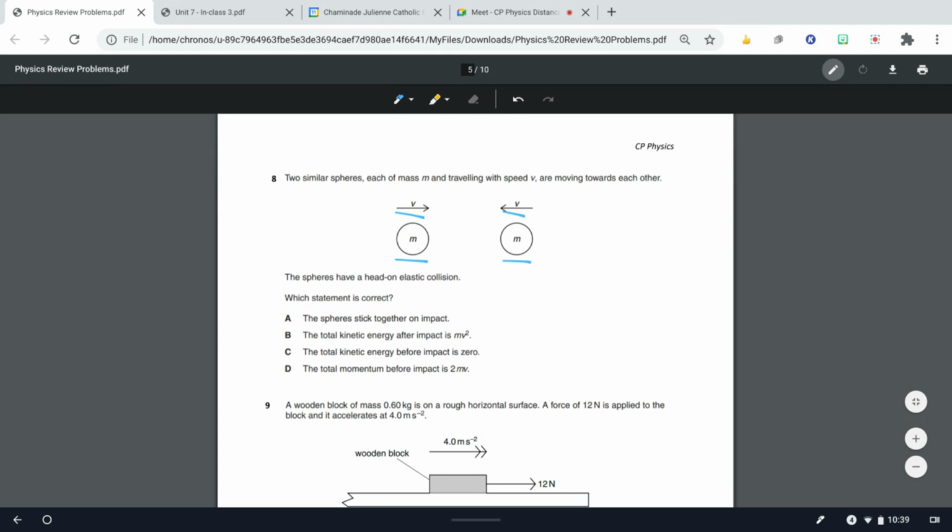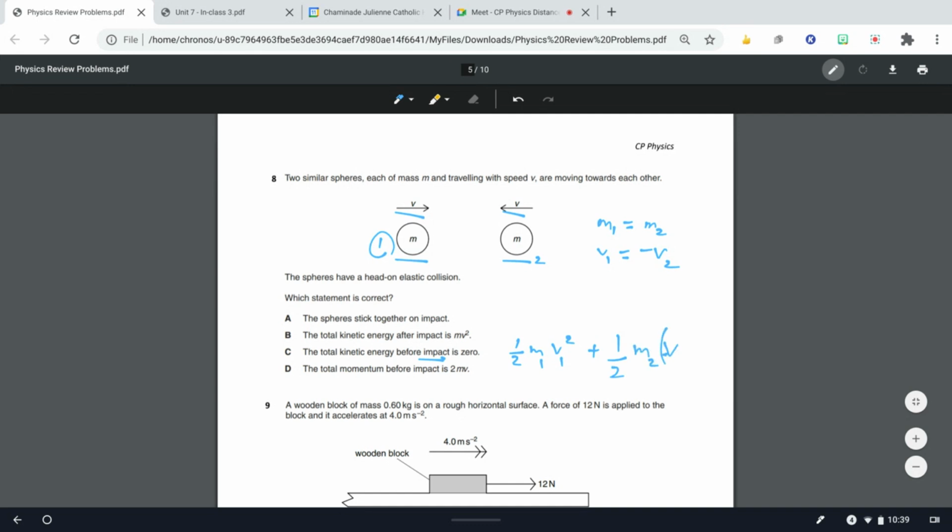So if you've got kinetic energy before impact, that would be half mv squared for object 1, plus half m2v2 squared for object 2. They're all equal to each other, by the way: M1 is equal to M2, V1 is equal to negative V2.